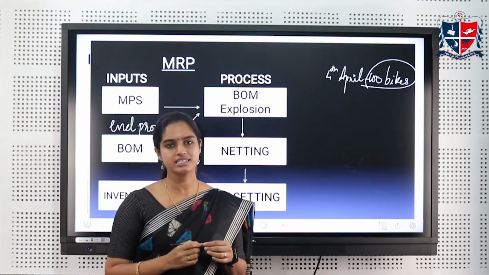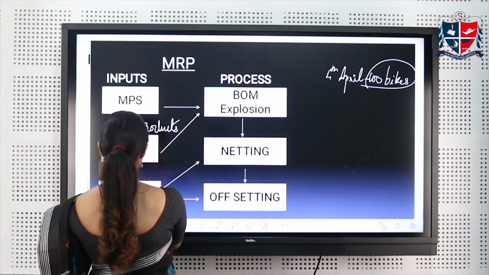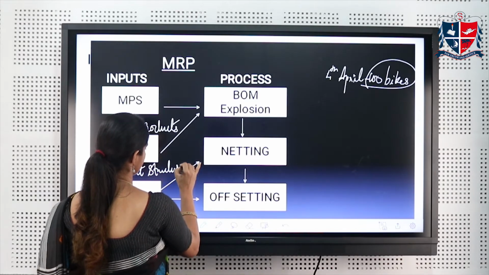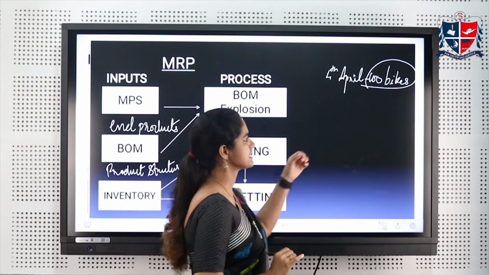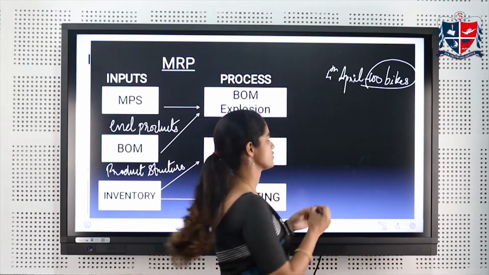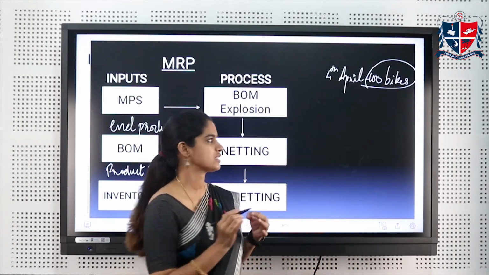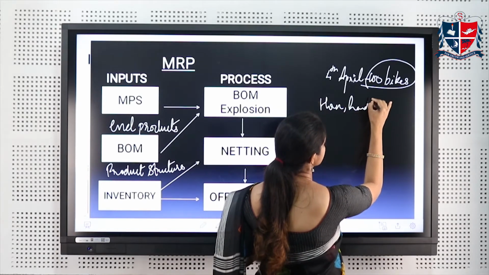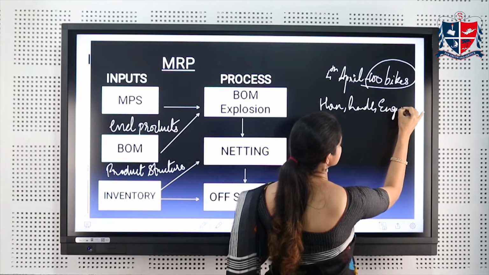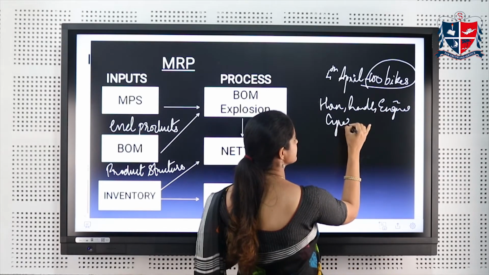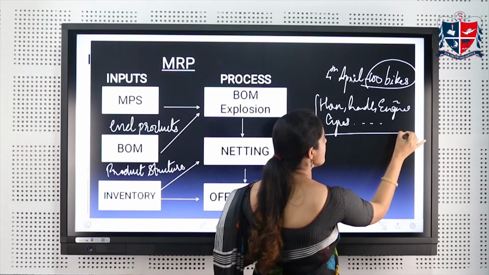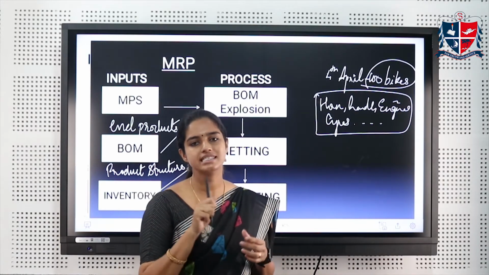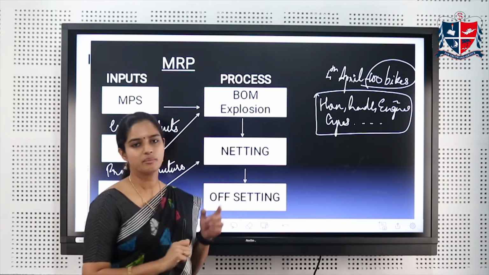This will give you the product structure. So let's take a bike: what are the different components that a bike has? Let's say a horn, handle, engine, tires, etc. These components that are required to make one bike, or one single product, are known as the bill of materials.